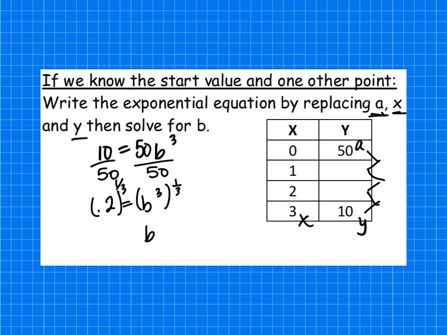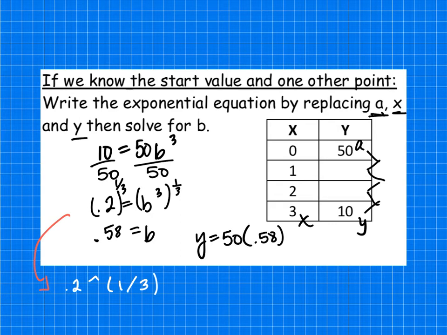So over here I've got b, and then on the calculator I'm going to do 0.2 to the parentheses 1 divided by 3. That's how you would put that in, 0.2 to the power of parentheses 1 divided by 3. And you get approximately 0.58, it goes 0.5848 and so on. So 0.58. So now that I know b and I know a, I can write my equation. So y equals 50 times 0.58 to the x.